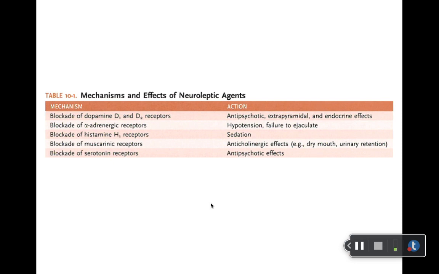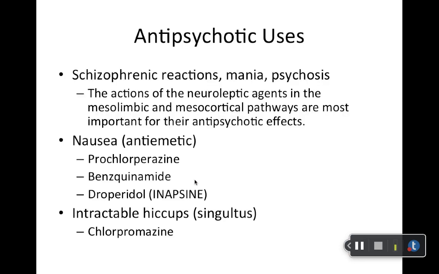Serotonin receptors, blocks the antipsychotic effects. Alpha-adrenergic receptors, hypotension, failure to ejaculate. Dopamine receptors, antipsychotic, extrapyramidal, and endocrine effects. So you'll be seeing these blockades later in some of these mechanisms of action. This table may help you for studying purposes, but don't necessarily stress about memorizing it verbatim for my exam.